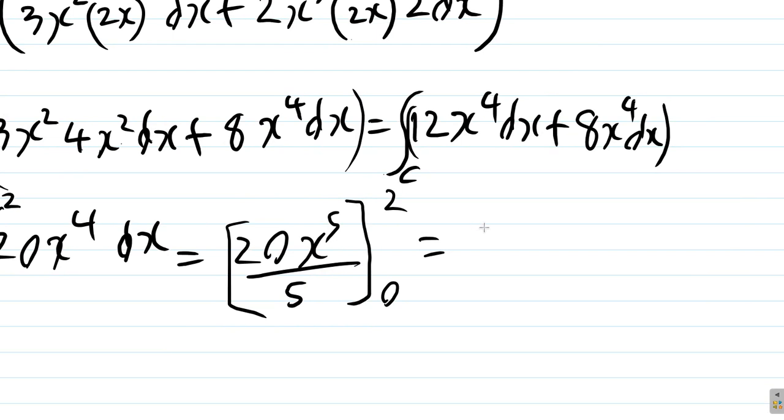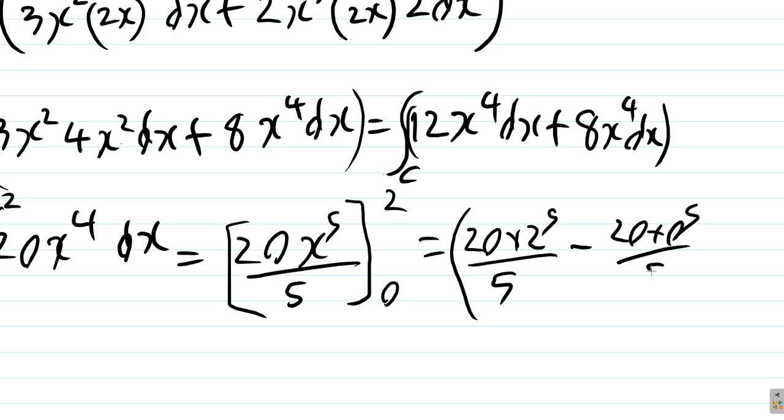This gives us what now? 5 into 20, 4; 5 into 5, 1. Alright, let's write it this way first. It's 20 times 2 to the 5th over 5 minus 20 times 0 to the 5th over 5.